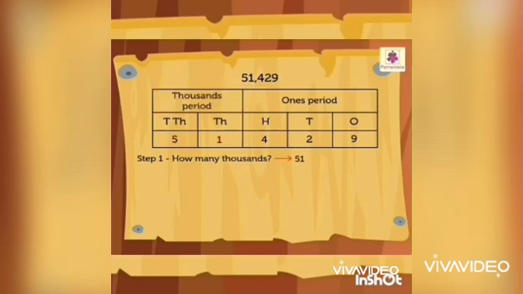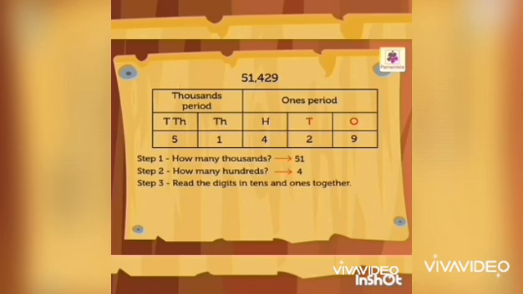In the next step, let us see how many hundreds there are. Yes, there are 4 hundreds. And in the third step, let us read the digits in the tens and ones places together. And of course, it is 29. Now, the number name is read as 51,429. I hope you understand it.